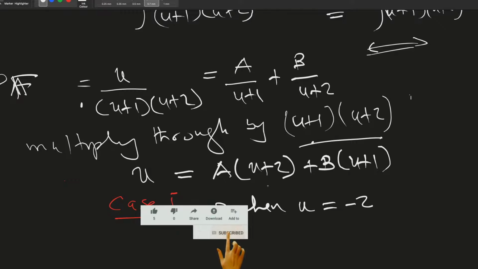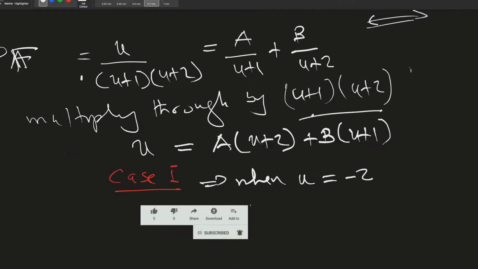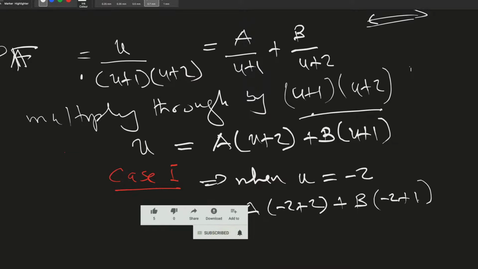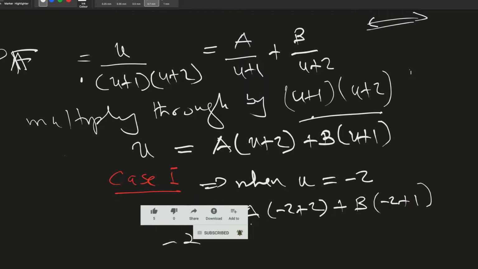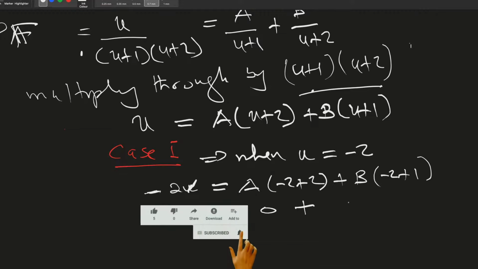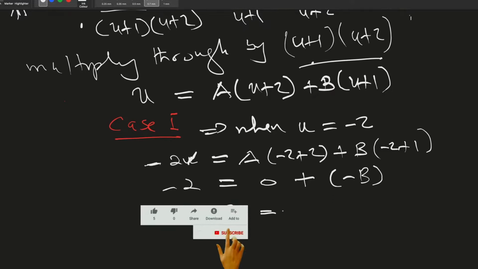Because when I replace u with -2, it will neutralize the A term, so that I'll be able to work out B. So when u is equal to -2, we have -2 equals A times (-2 + 2) plus B times (-2 + 1). So -2 means this will be 0 plus negative B. This implies that our B is equal to 2. We shouldn't forget that. So we know our B to be equal to 2.